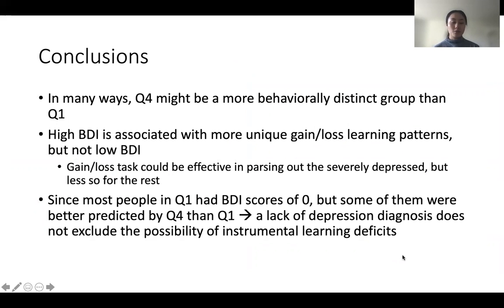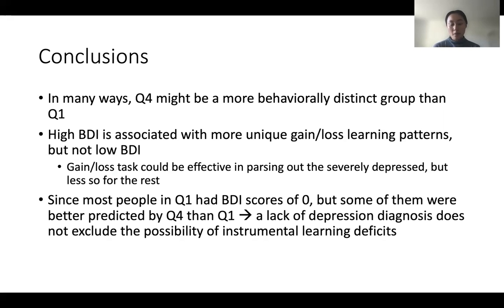So the conclusion was that in many ways, Q4 might be a more behaviorally distinct group than Q1. And also high BDI is associated with more unique gain-loss learning patterns, but not low BDI. This would suggest that if we were to use this gain-loss task in a clinical setting, it could be effective in parsing out the severely depressed people, but less so for the rest.